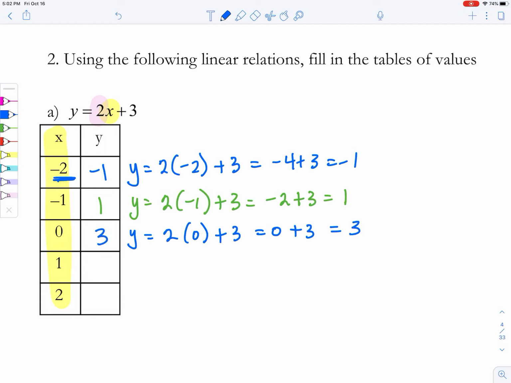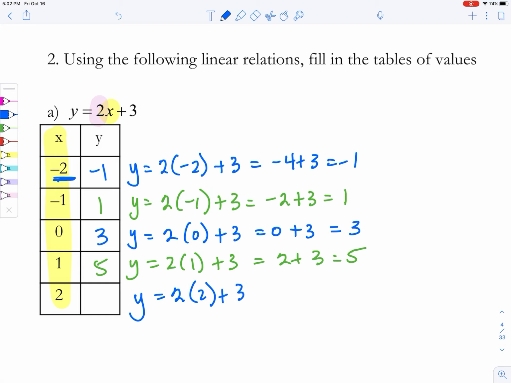I'm starting to see that each time I do something, it's going up by 1, but I'll still go try the next one. Y equals 2 times positive 1 plus 3 equals 2 plus 3, which is 5. Y equals 2 times 2 plus 3, which is 4, plus 3, which is 7.